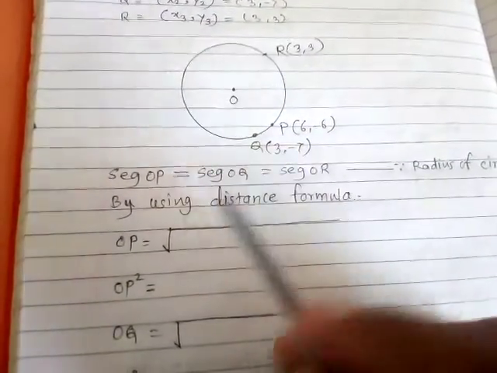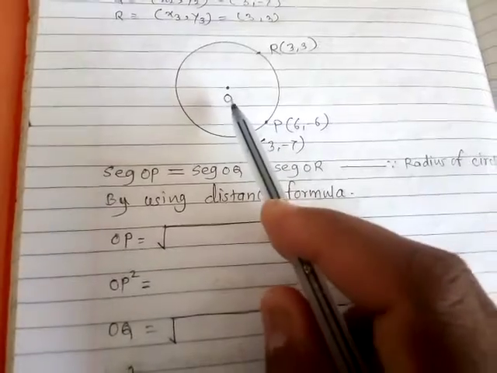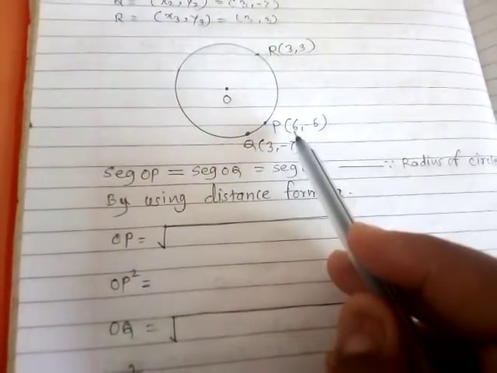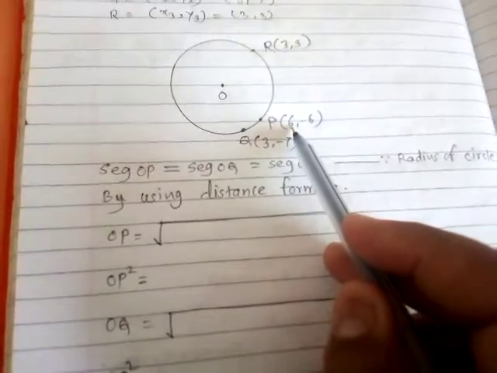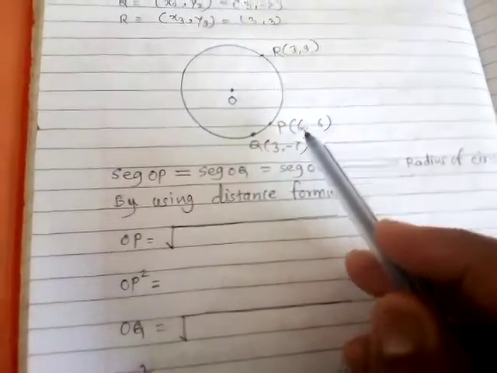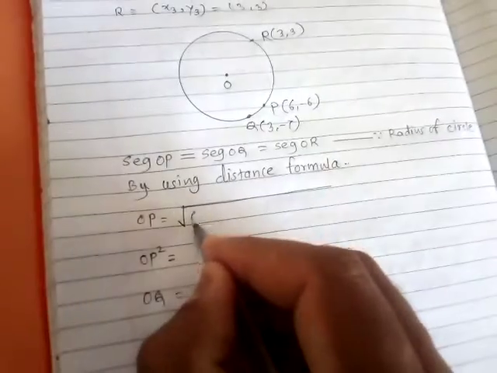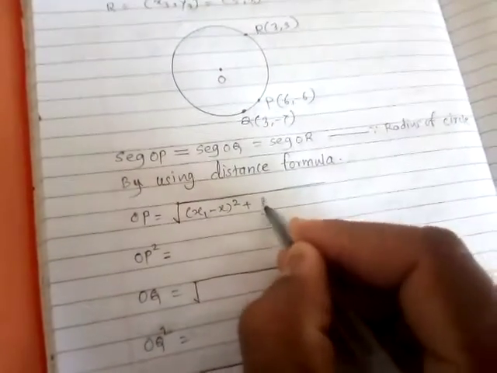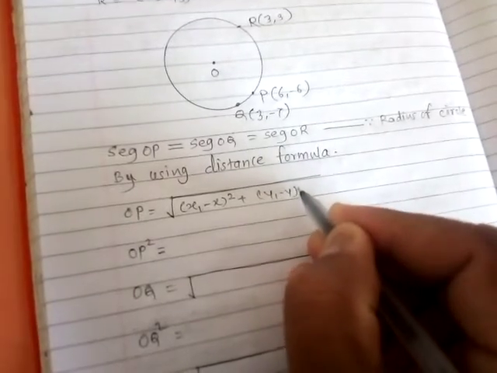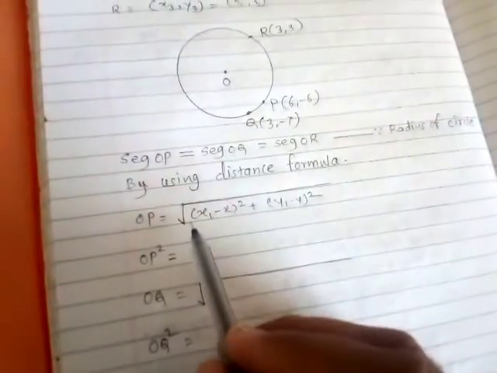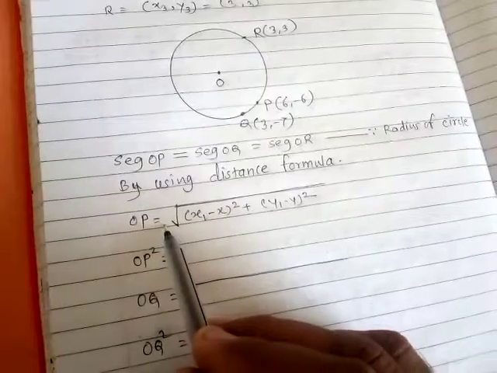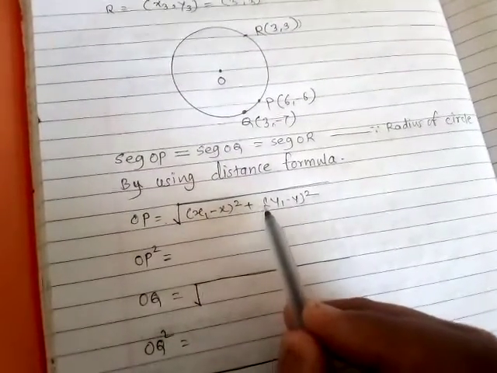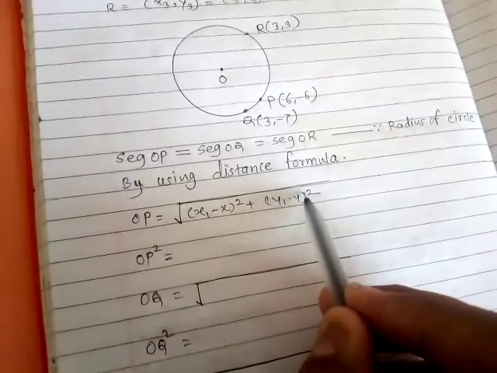Now first we consider OP. The coordinates of O are (x, y) and the coordinates of P are (x1, y1). Then by the distance formula, OP is equal to the square root of (x1 minus x) whole square plus (y1 minus y) whole square.